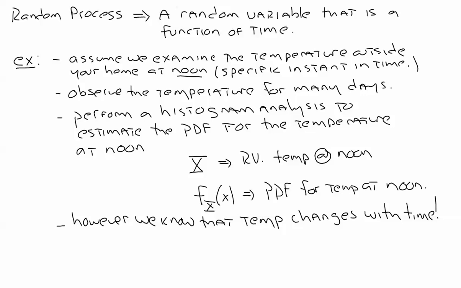So what we end up with is temperature as a function of time. This will be a random process. And if we make multiple observations over many, many days of the temperature at specific times through the day, we might come up with a time-varying probability density function.